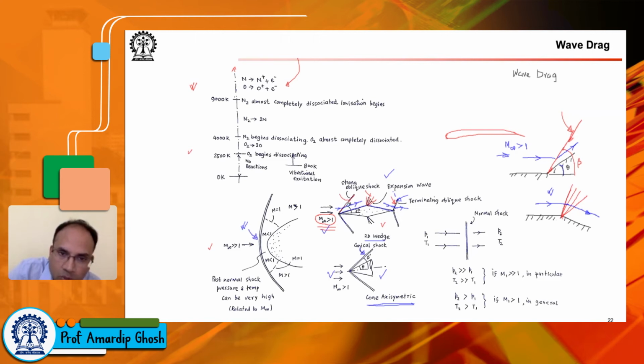See here, your shock wave is attached to the front part of the wing. Here, your shock wave is attached to the front part of the cone. But here, there's a standoff distance, right? You see that this wave is not attaching itself to the front of this vehicle. And it's because of something to do with this theta, beta, and M. Okay, so under certain conditions of theta, beta, and the free stream Mach number, you will have a detached shock wave and things like that.